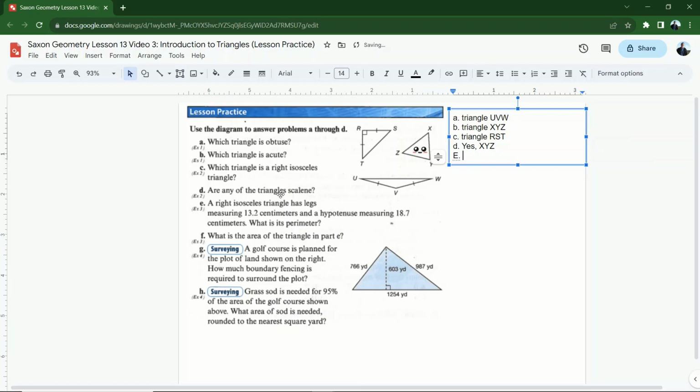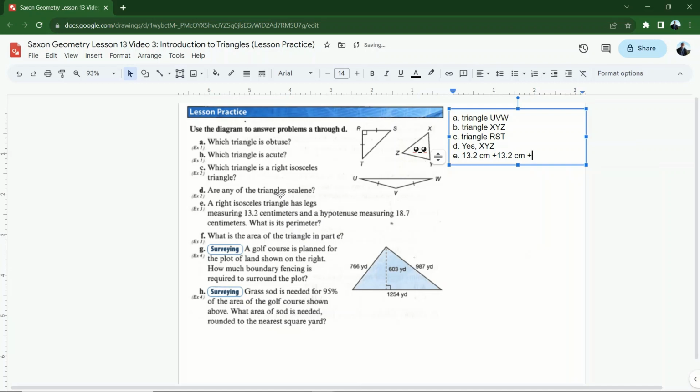All right, moving on. Letter E. A right isosceles triangle has legs measuring 13.2 centimeters and a hypotenuse measuring 18.7 centimeters. What is its perimeter? Well, that's simple, because when we're asking about perimeter, it's just going to be 13.2 centimeters plus, it's right isosceles, so it must have two legs that are the same length. The two legs that are the same length are the legs 13.2 and 13.2.